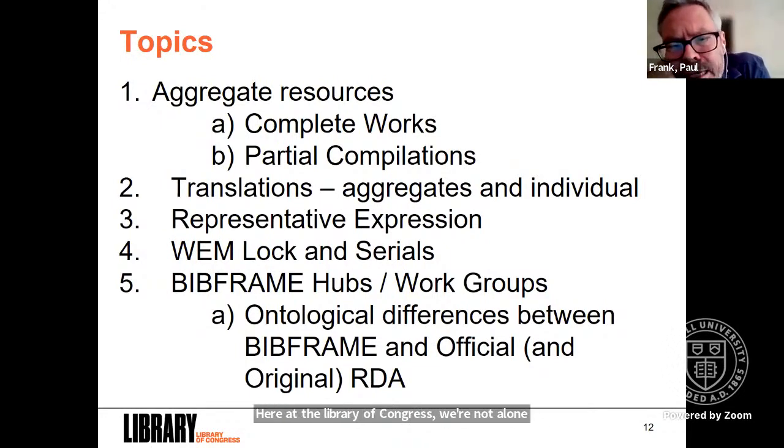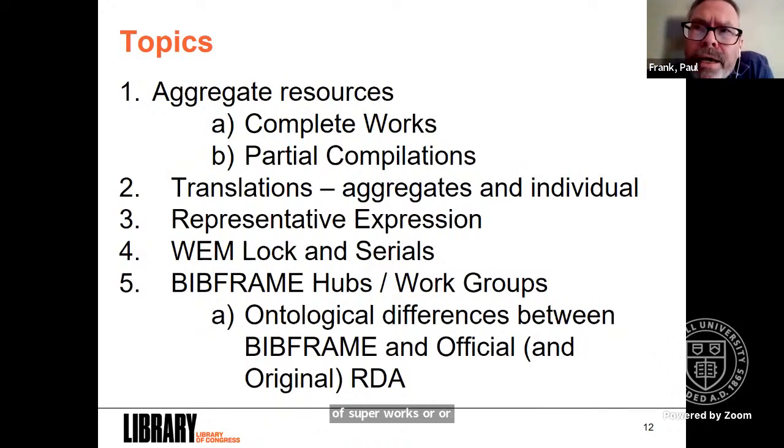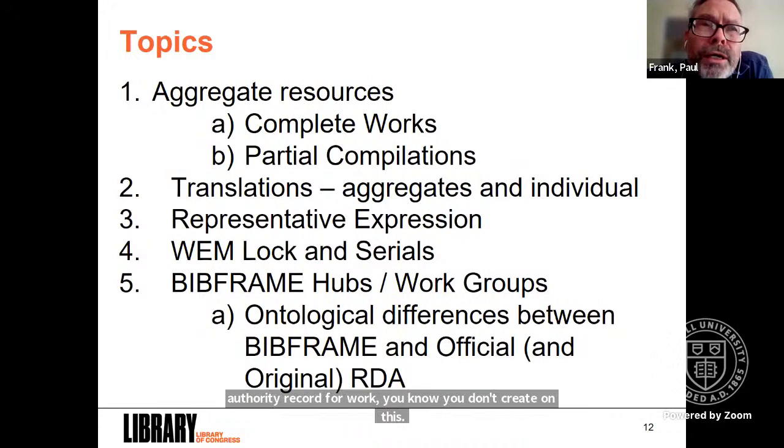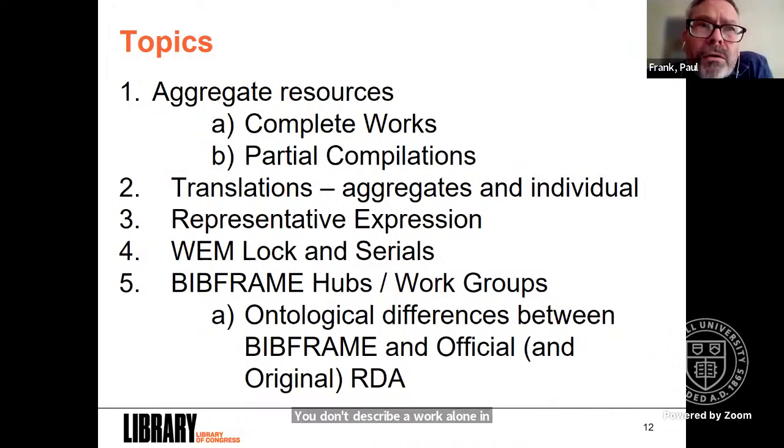Anyone working with linked data discusses this concept of superworks, or to really simplify it, think about an authority record for a work. You don't describe a work alone in the bibliographic file. You just don't do it. You describe works as a discrete entity, or expressions as a discrete entity, in the authority file.